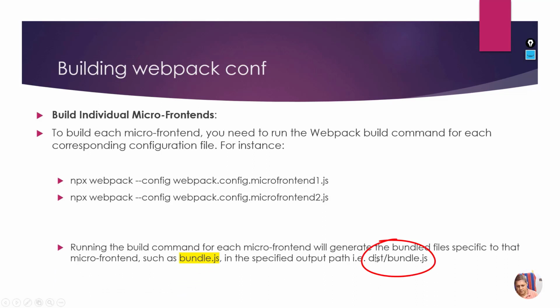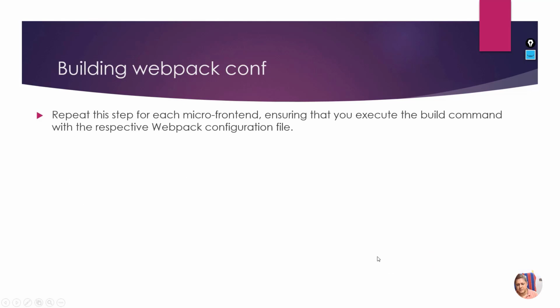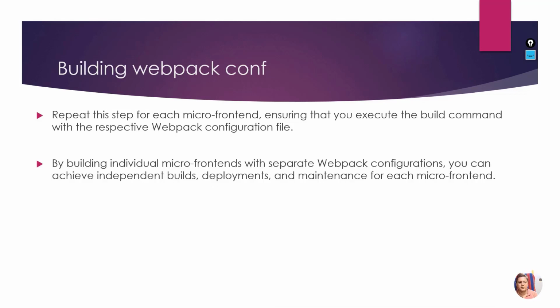I have shown this here, and I will show you in the next video also. So whatever number of micro frontends you have, you can have that many configurations as per your requirement, and you can execute everything. Everything will be an individual micro frontend with separate configurations.